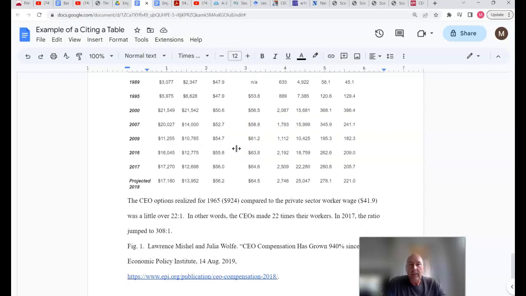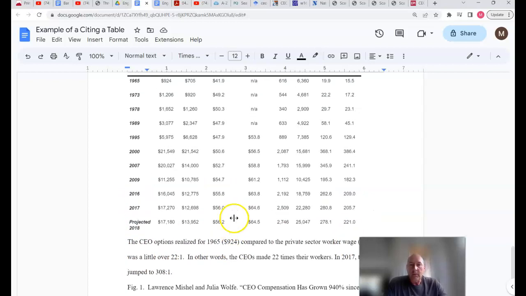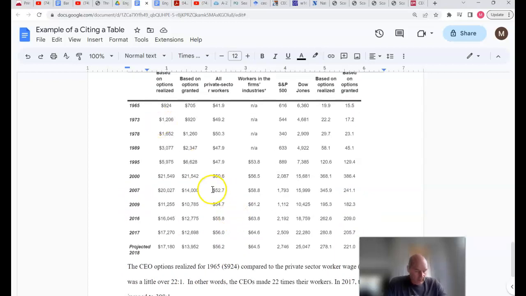And I have a little explanation here. I said the CEO options realized for 1965 compared to the private sector worker wage was a little over 22 to 1. If you remember, Galloway called it 21 to 1. So I think what he did is he dropped this 0.9.